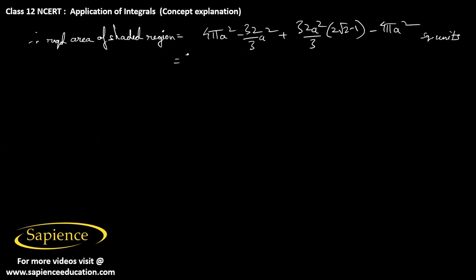So this will be equal to, 4 pi a² and 4 pi a² will cancel. So this will be minus 32a² by 3, and plus 32 into 2 is 64 root 2 a² by 3 minus 32a² by 3.